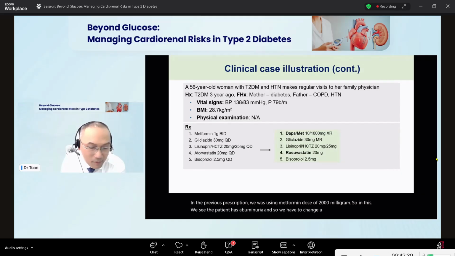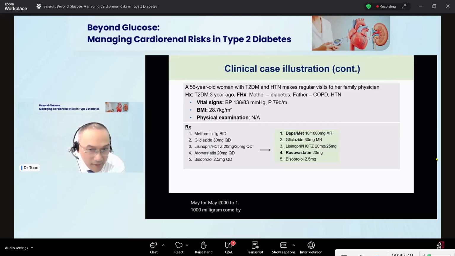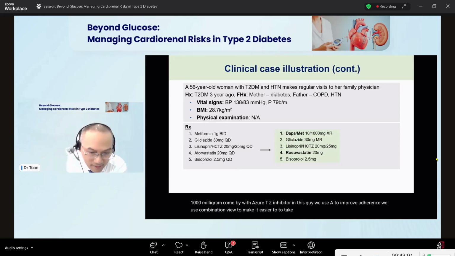We switch metformin 2000 to 1000 milligrams combined with an SGLT2 inhibitor. To improve adherence, we use a combination pill to make it easier for the patient to take.